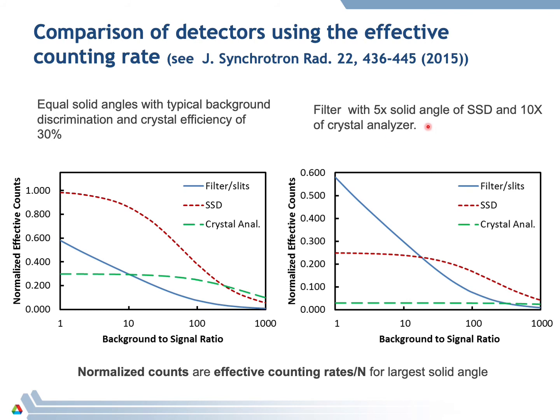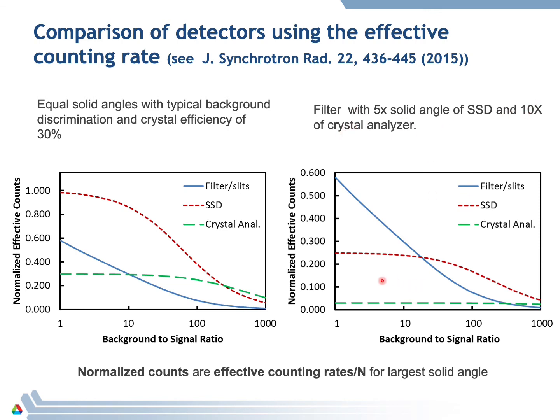And because the crystal analyzer is Bragg reflecting, it's really hard to collect a large solid angle unless you have multiple crystals. So I just assumed a fairly typical case that the filter would be 10 times more than the crystal analyzer.